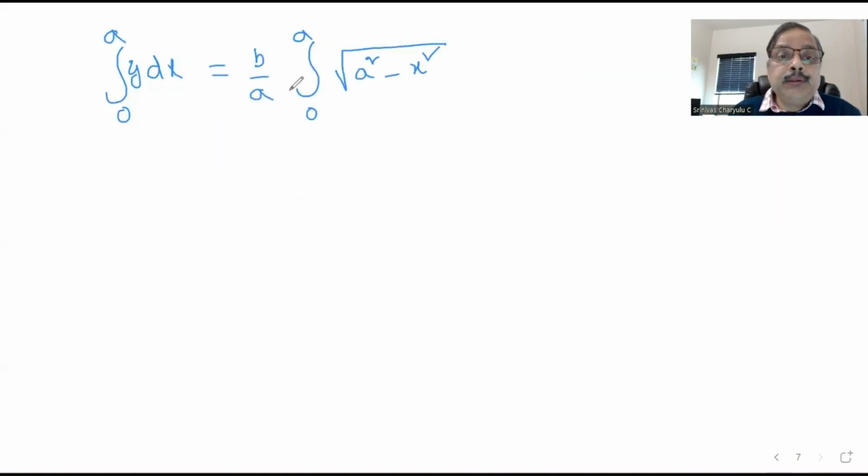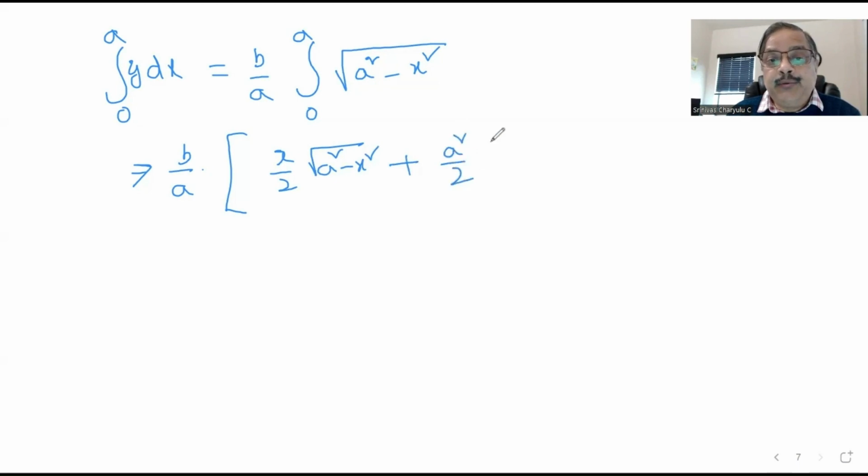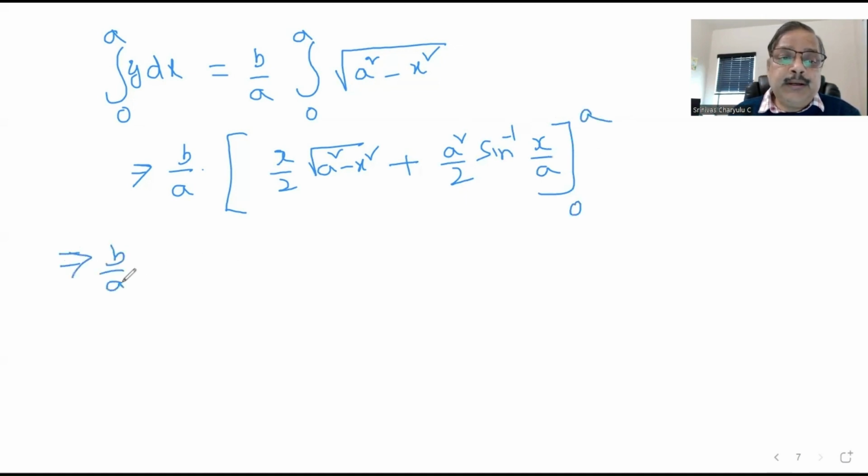So now, when we are integrating this, already we have done previously. B by a, open the bracket, x by 2 root of a square minus x square plus a square by 2 sine inverse x by a, limits 0 to a. Carefully we have to do applying the limits.